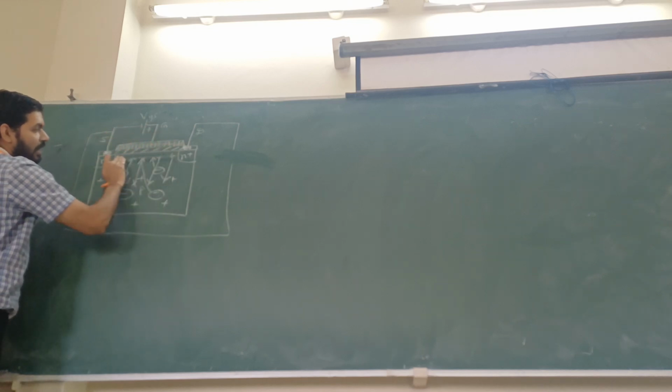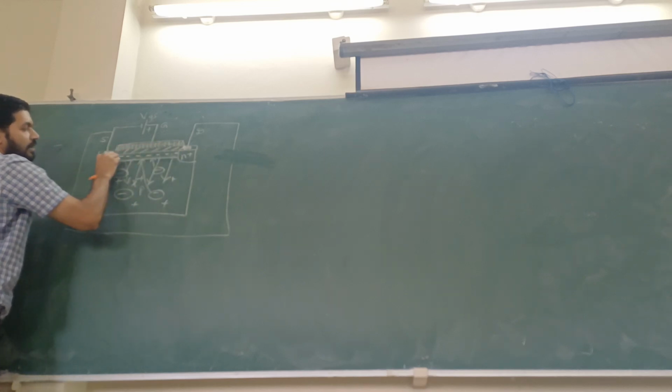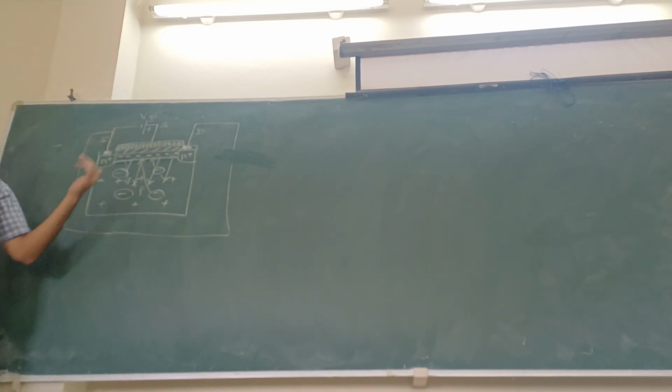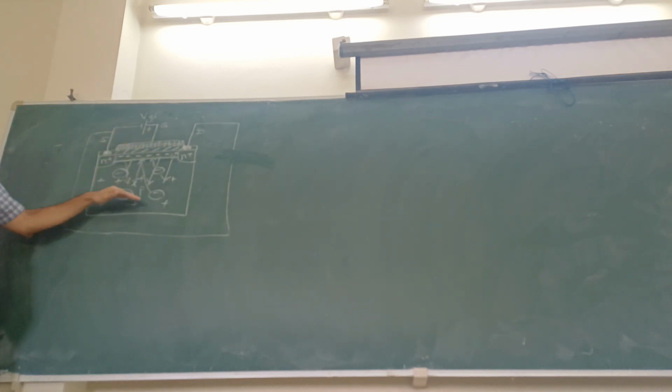So here I get a layer of electrons, and this process itself is called inversion. Inversion means positive, negative, all negatives are attracted. Once the inversion is completed, the channel is formed, or the path is ready.